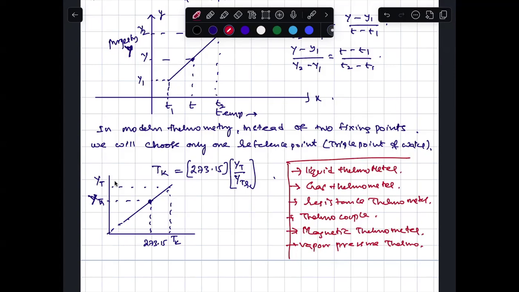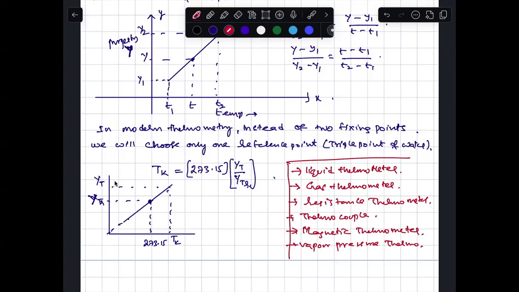On the basis of the EMF generated, you can measure the temperature. Magnetic thermometer, susceptibility is inversely proportional to temperature. It works on Curie's law. Vapor pressure works on the basic principle of saturated vapor pressure, which over a period of time you will learn.